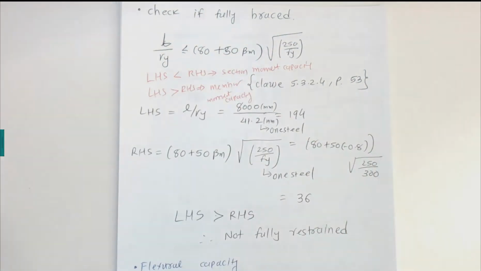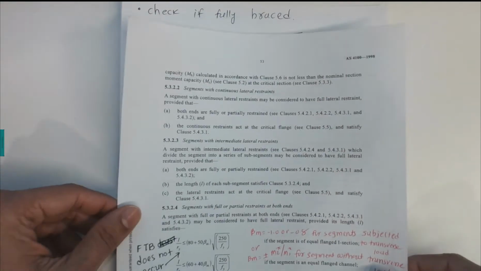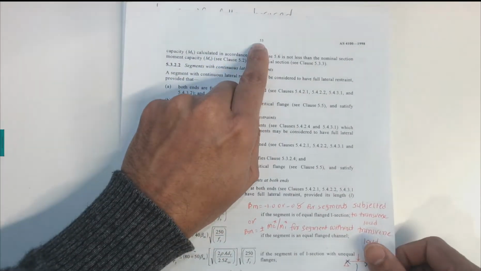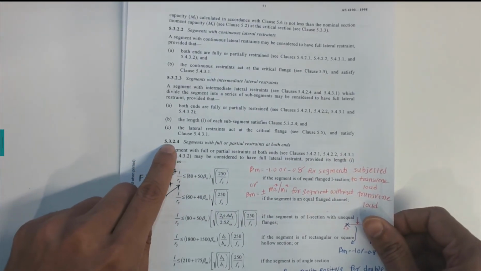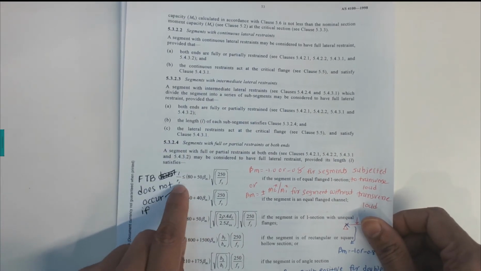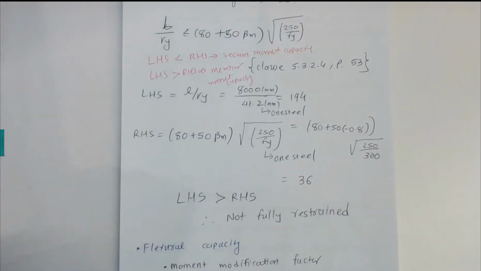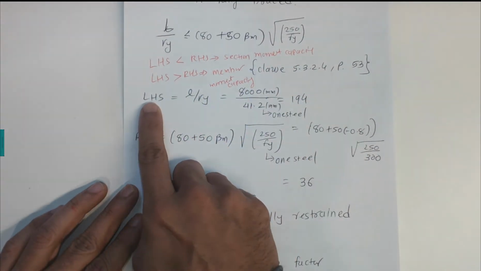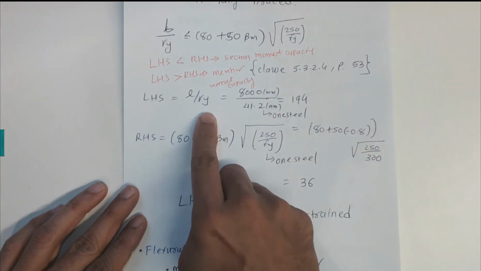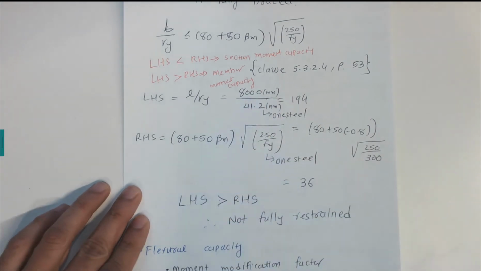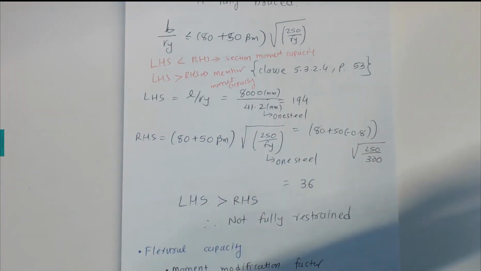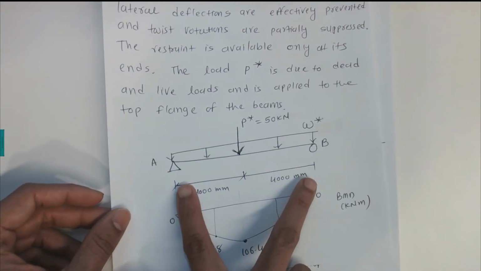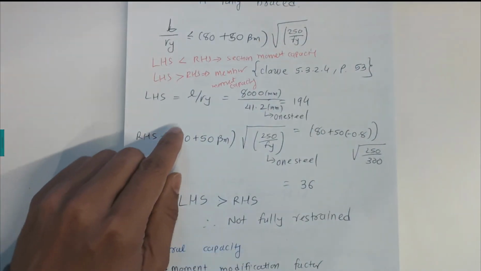Now these equations come from the Australian Standard on page number 53, clause 5.3.2.4, where we have L over Ry less than. So once we get these equations, we can find the left hand side. L over Ry: L is 8000 millimeters, given in the question.